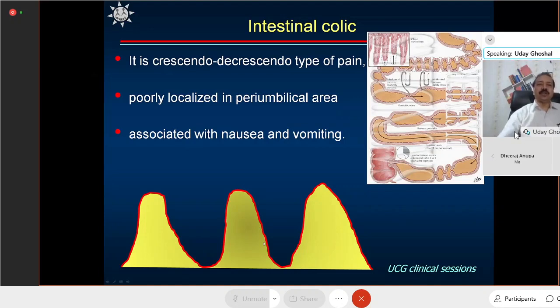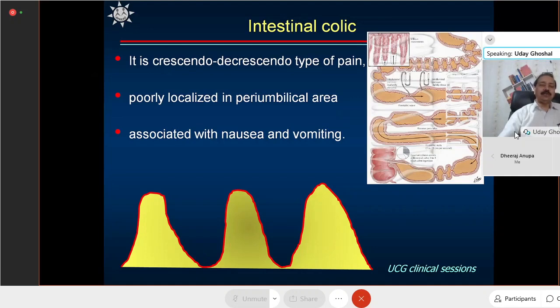So typically intestinal colic will be a crescendo, decrescendo pain. The crescendo phase will last for about 5 to 10 minutes. You know why? Because the duration of the migrating motor complex of the intestine is 5 to 10 minutes. So that's why it lasts for 5 to 10 minutes.